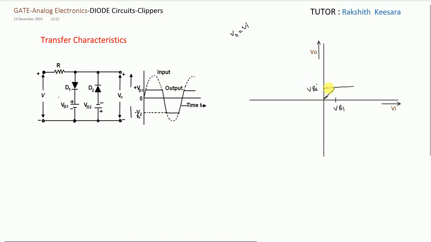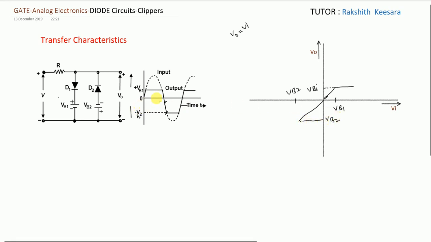So these were the positive half cycle, guys. While coming to negative half cycle, whenever Vi is touching VB2, up to here, V0 is following V input. So let this be VB2. Up to here, V0 is following V input like this. Straight line. V0 is VB2.